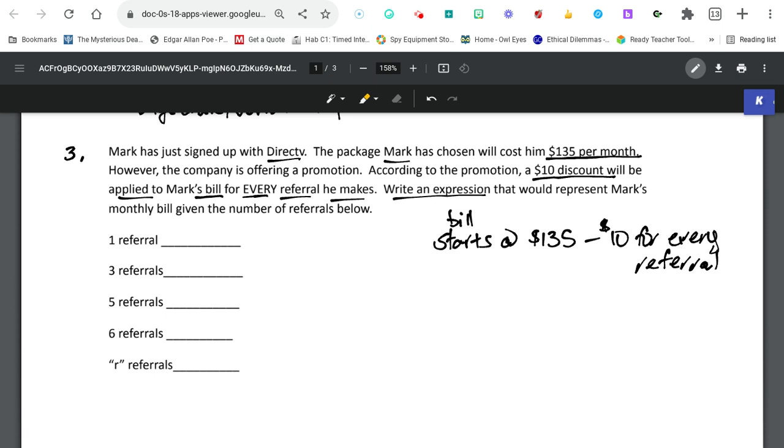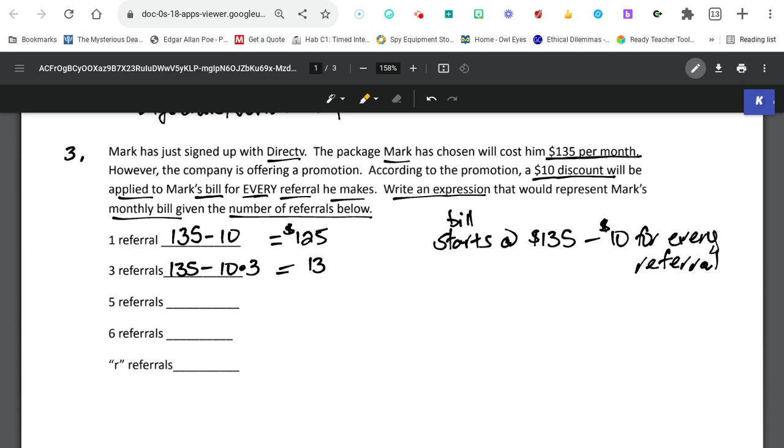We're going to write an expression that's going to represent the monthly bill given the number of referrals below. So if Mark referred one person, we know his bill would go from $135 and would decrease by $10. So his bill would be $125. Or if he had 3 referrals, his bill will reduce by $30, but that's just $10 3 times. 10 for the first referral, 10 for the second, and 10 for the third.